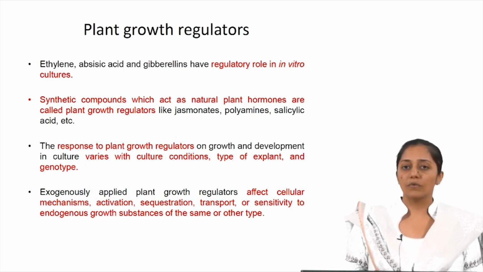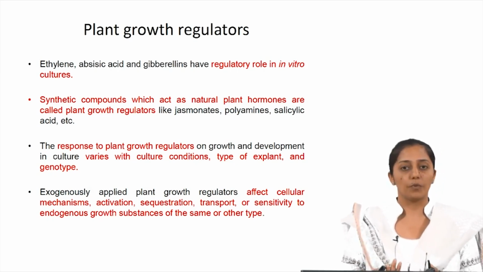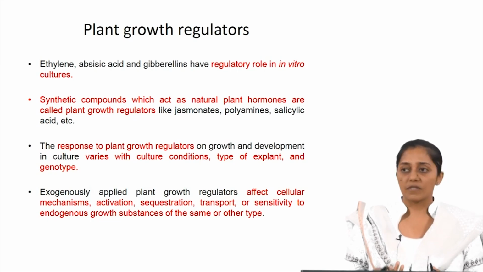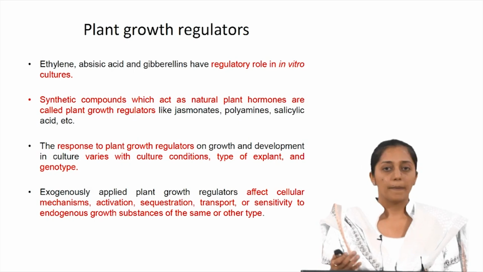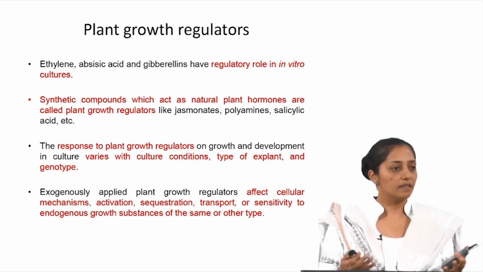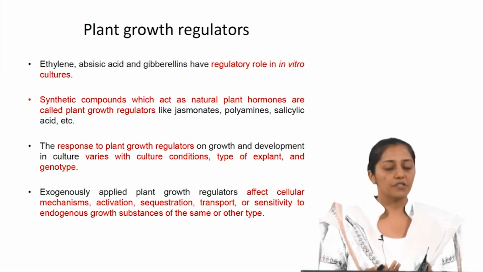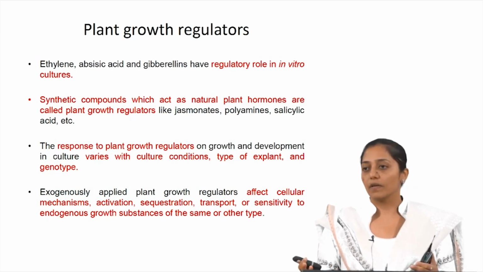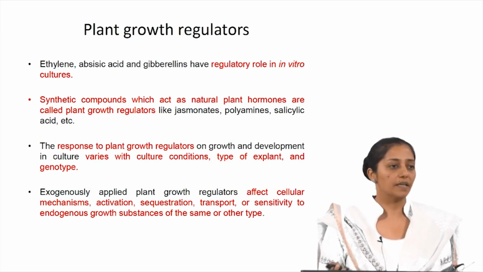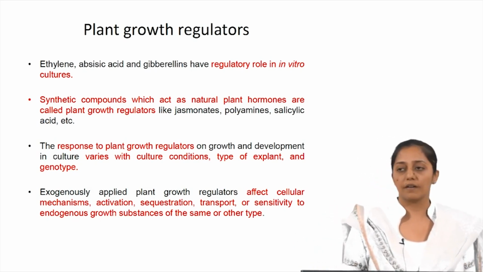Now synthetic compounds which are not natural plant hormones, as I said, are called plant growth regulators, although it is mentioned here jasmonates, polyamines and salicylic acid. Now salicylic acid is also produced as a secondary metabolite in many plants, but when exogenously added, it forms a signaling part of the signal cascade. And also jasmonate salts are termed plant growth regulators because they are being exogenously added. Otherwise jasmonic acid is a part of the endogenous signal cascade mechanism in secondary metabolism.